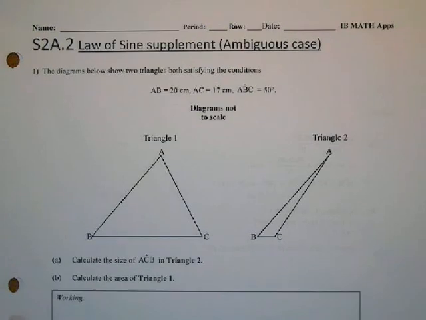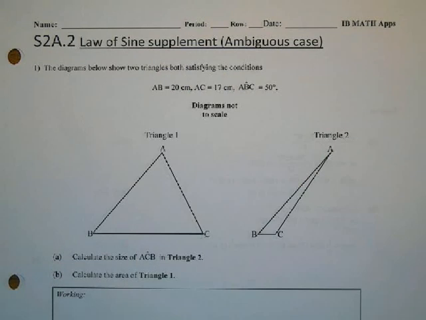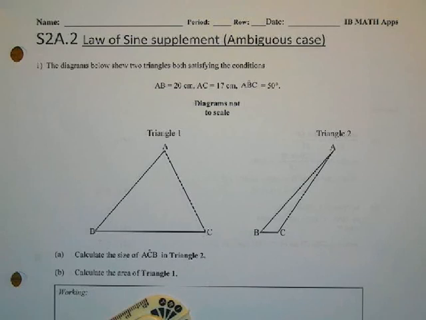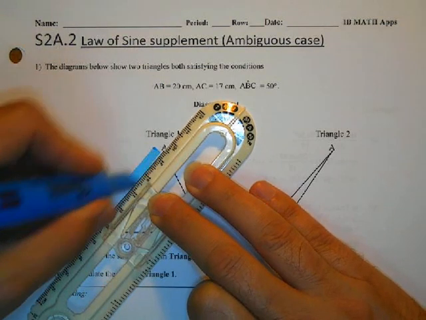Okay, so we're going to talk about the law of sine in a special situation called the ambiguous case. The first thing I'm going to do is write down what we know. AB is 20. These two triangles have the same letters.